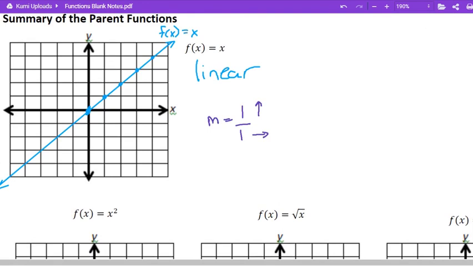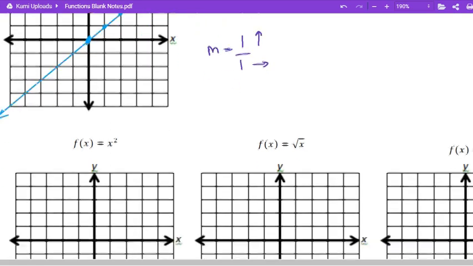So you didn't even realize it in grade 9, but you were doing transformations already because you were doing stretches by changing the slope, and you were doing vertical translations by changing the y-intercept.